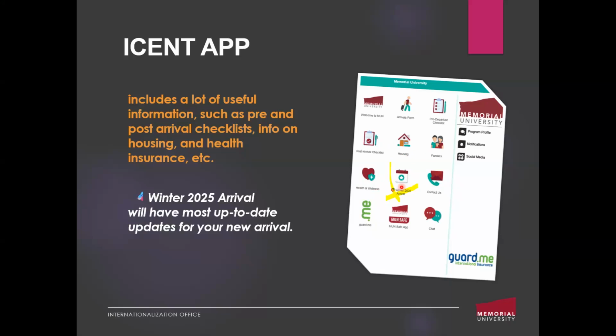So please have a look and make sure you know all the essential information for your smooth transition to your new life at MUN and in St. John's. And another thing, please don't forget to update your arrival form.